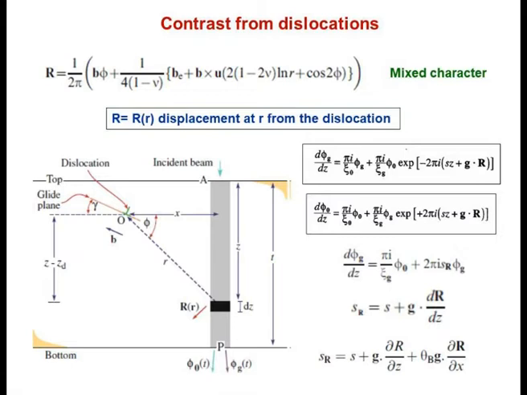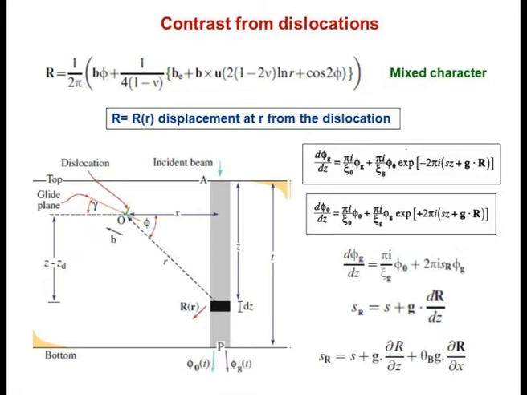Essentially, how the contrast, or the intensity, or the amplitude is calculated is this: the dislocation is present here, and this is a column. Because we know that the displacement field is long range in a dislocation, elastic. So if a dislocation is present here, along this column we are trying to find out how the electron beam is getting scattered.